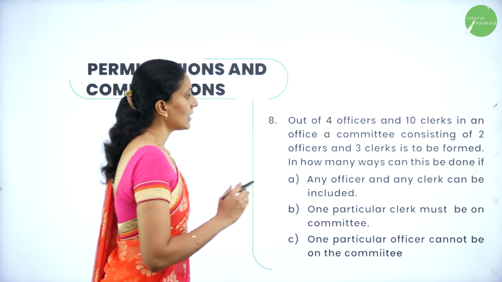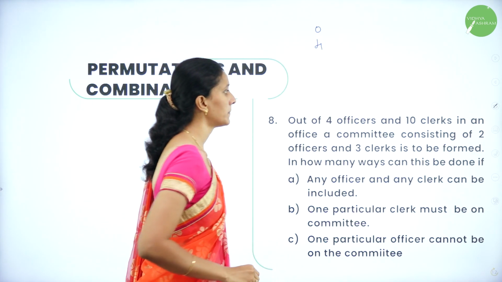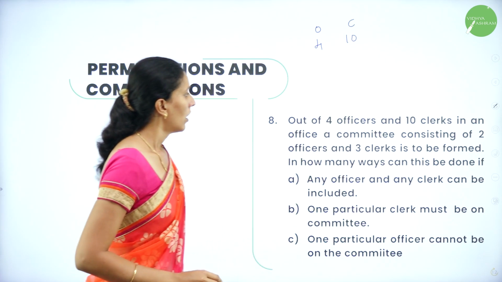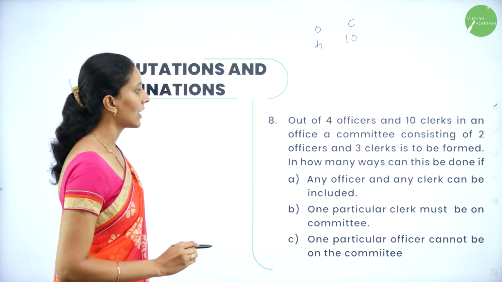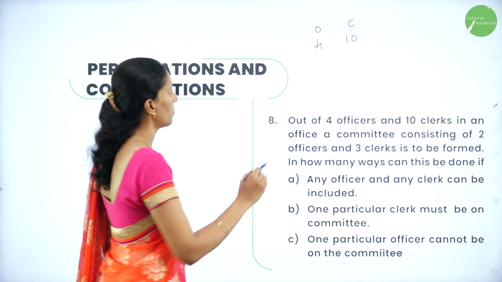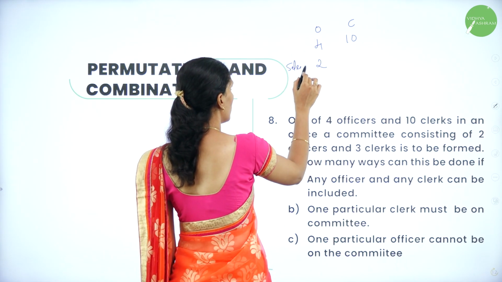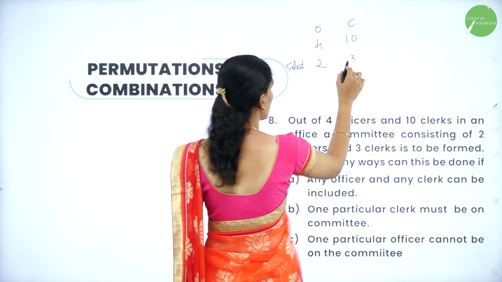Now, let us look at here. We have 4 officers, 10 clerks. A committee consisting of 2 officers and 3 clerks is to be formed. Okay, so my selection is 2 officers, and 3 clerks have to be formed.